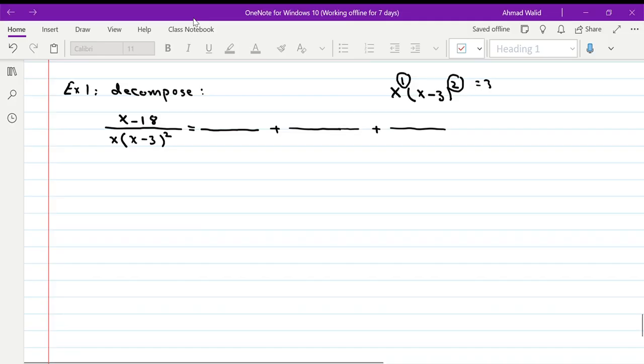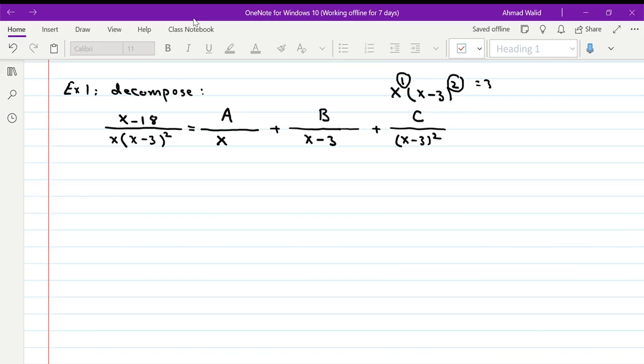Now, the first denominator is x and the top is still a constant A. The second denominator, I will put x minus 3 and the top B. The third, x minus 3 squared, and I put in the top C. That's it.